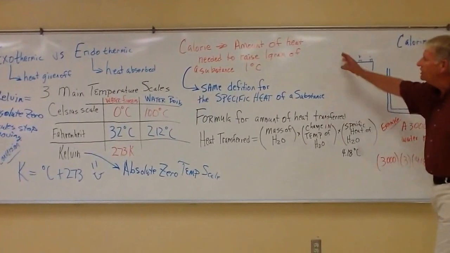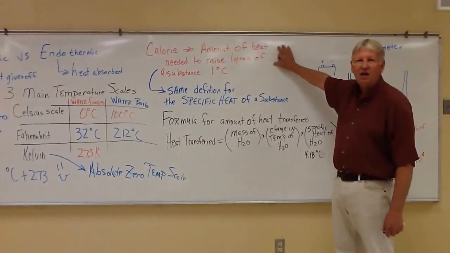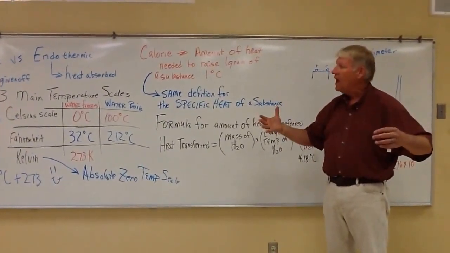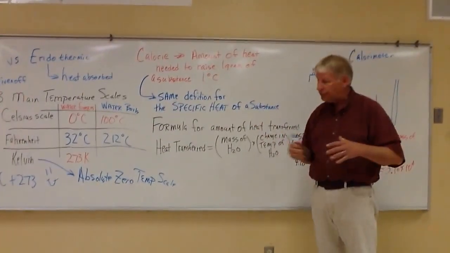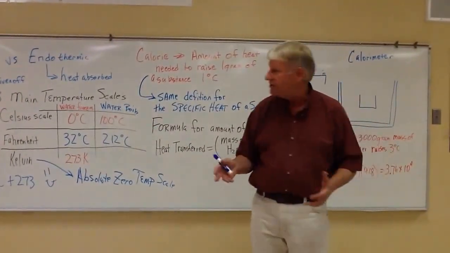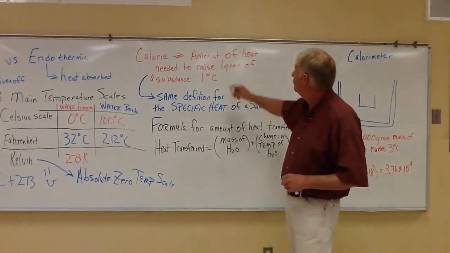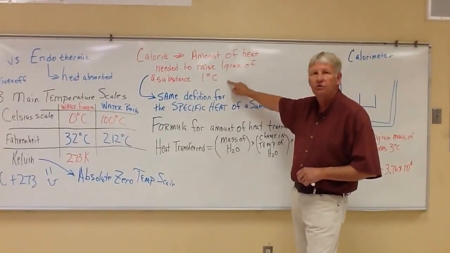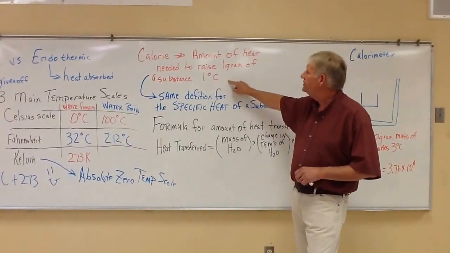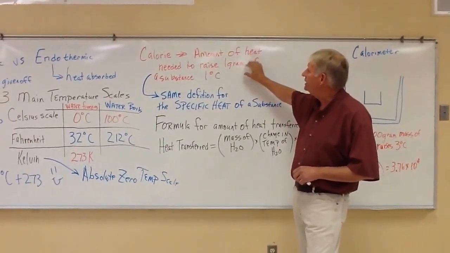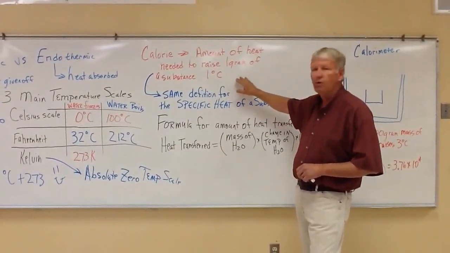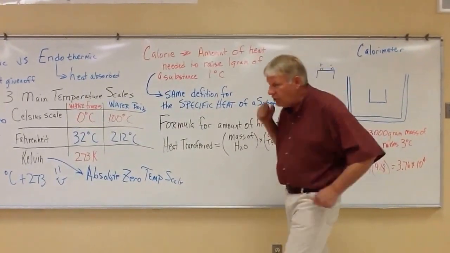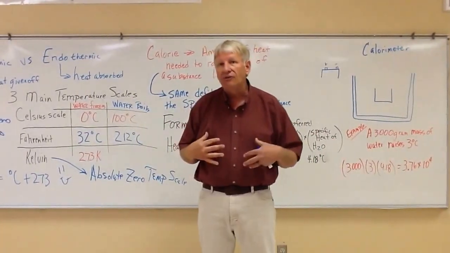We talk about calories. Oh, man, in our day and time, calories it's an interesting deal. Like, how many calories do you get from this amount of food, or that amount of food, or this substance, or that substance? Well, calorie is actually defined as the amount of heat needed to raise 1 gram of that substance 1 degree Celsius. So, we say that we're out working and we're burning off calories.